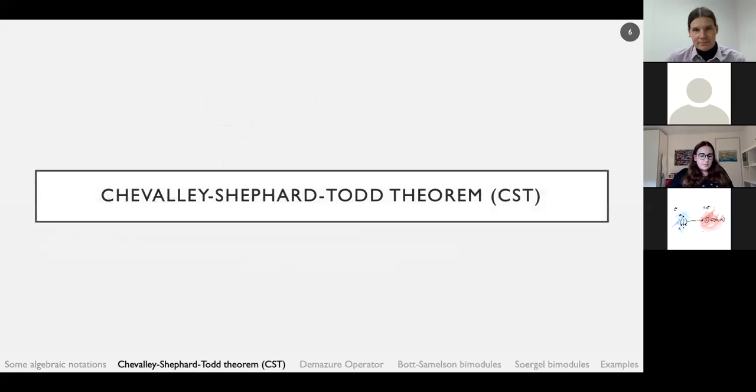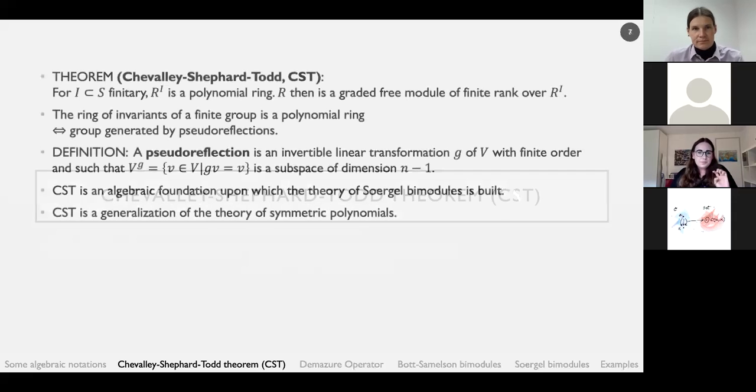So after all these definitions, I will now continue with the Chevalley-Shephard-Todd theorem, which is often also denoted as CST. It states that for I, a subset of S, with I finitary, R^I is a polynomial ring.